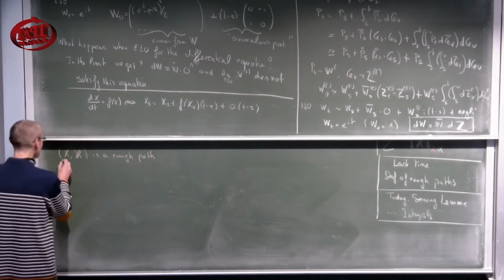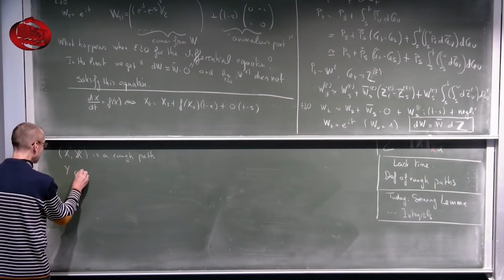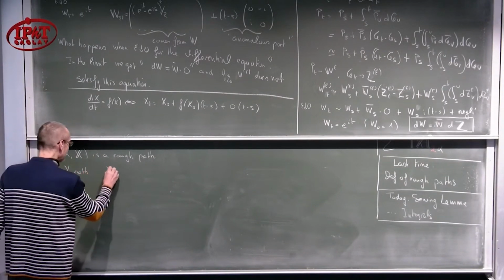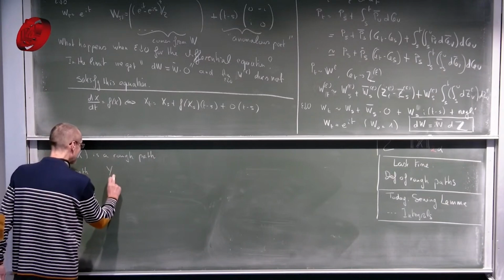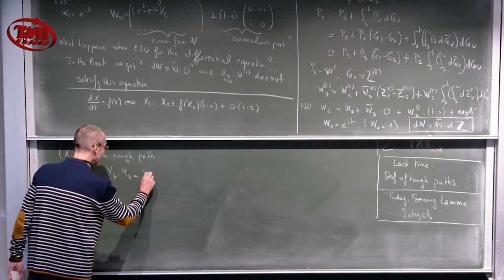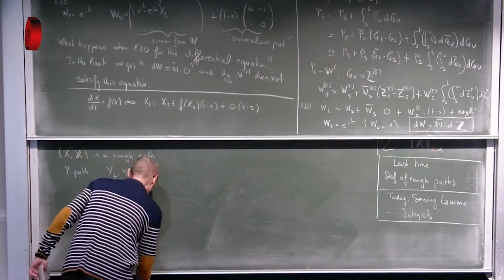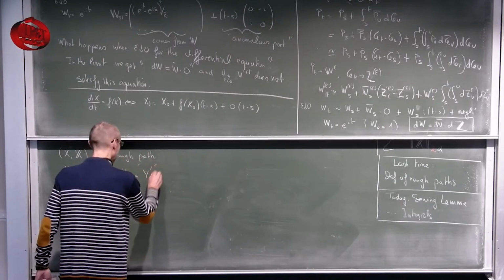And imagine that you are in such a circumstance that there is some other path y, such that yt minus ys can be written as y prime s times (xt minus xs) plus order (t minus s) to the 2 alpha, where I take alpha as usual in (1/3, 1/2). This is just a notation, it's just another path.